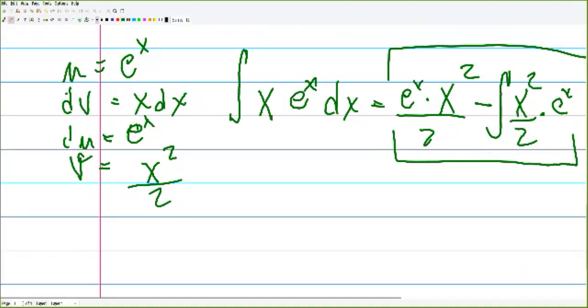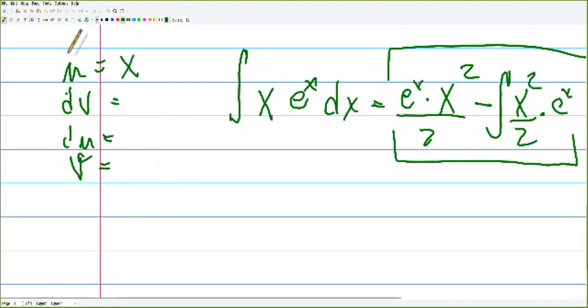But let's say that we choose it in a smarter way. Let's say u is equal to x and dv is equal to e to the x. So what is the derivative of x? Well, that's 1. And the integral of e to the x is e to the x.